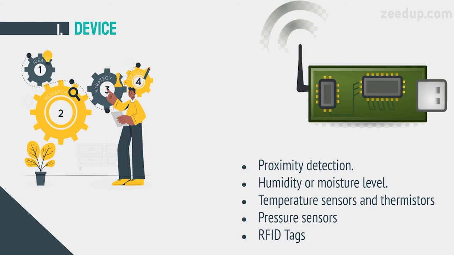It tells the lift operating system that someone is coming, so please open the door. The actuator will open the door when the sensor senses any proximity.